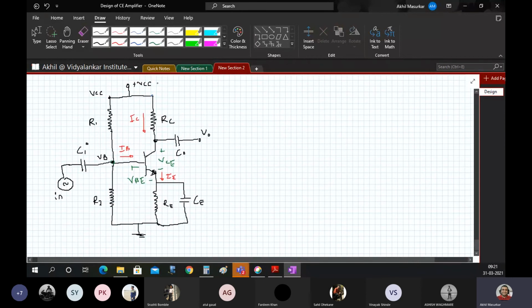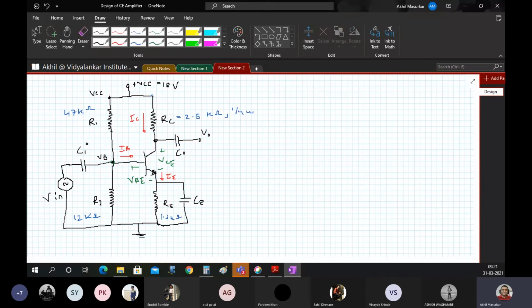So the design circuit, here this will be 18 volts, RC is 2.5 kilo ohms, quarter watt, RE is 1.2 kilo ohms, R1 is 47K, this is 12K, and CI, C0 and CE, whatever they are, just write it down.